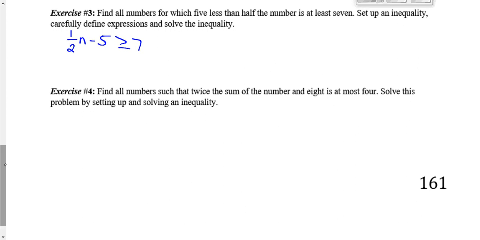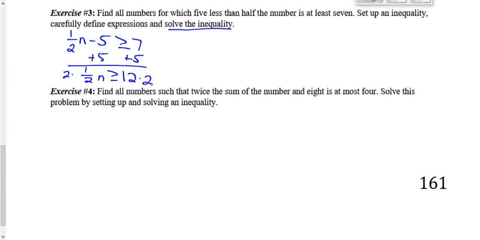It did say find all the numbers, so that means we have to solve this, right? That's simple enough. Add 5 to both sides, and we get 1/2 n greater than or equal to 12. Now what? Divide by 1/2, which is the same as multiplying by 2.